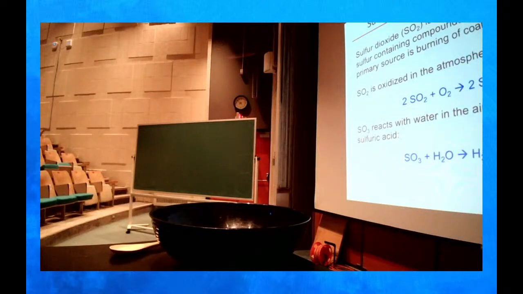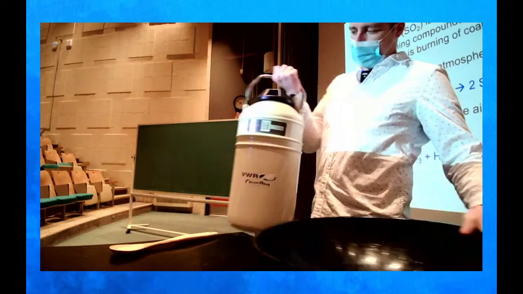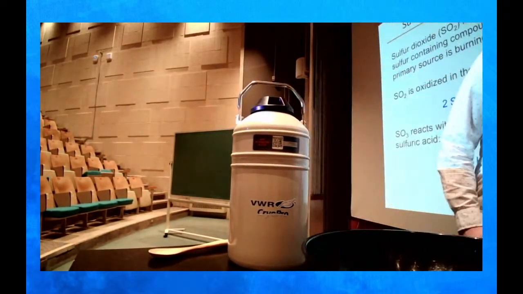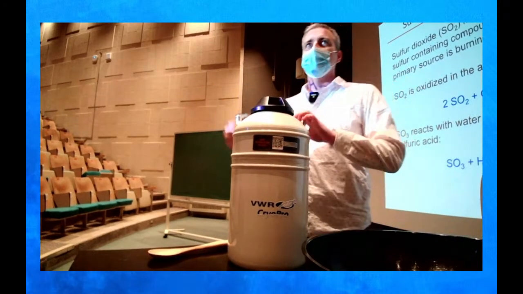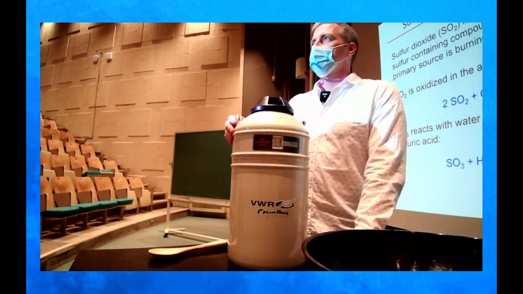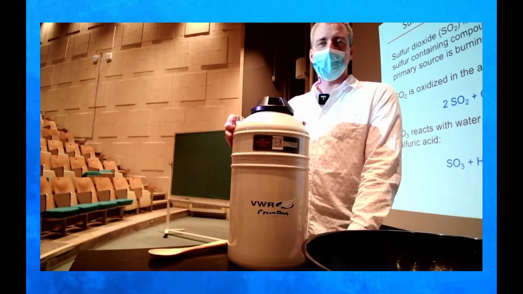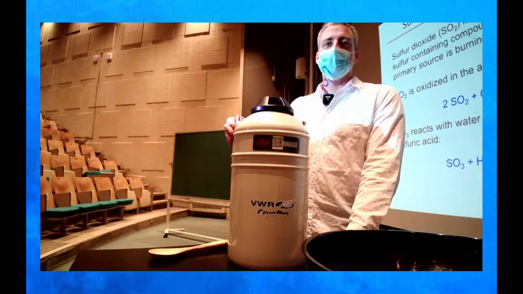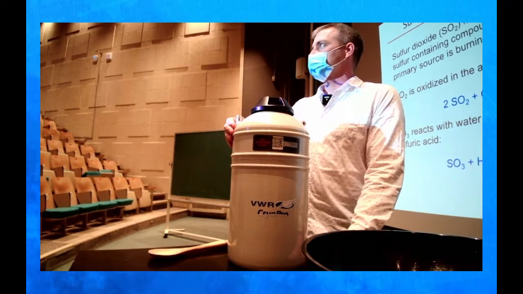Over here I have a dewar. Can you see that? Yeah, people online can see that fine. This dewar is the container that we use to store liquid nitrogen. It is essentially a really high-end thermos.